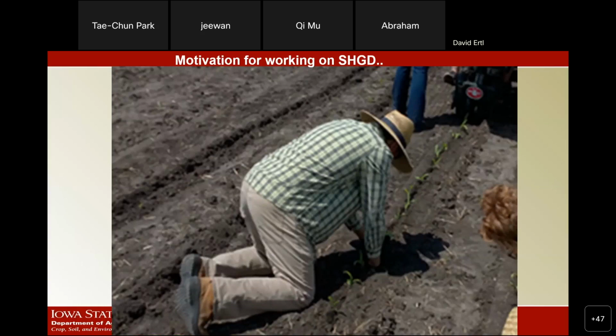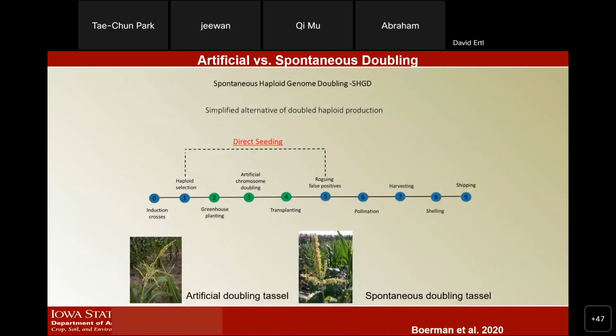This is Anderson, PhD student who did work on SHGD, but it could be any other person, including myself. So we are really wanting to avoid this greenhouse planting, colchicine treatment, transplanting step, and if possible, select haploids and go directly into the field.